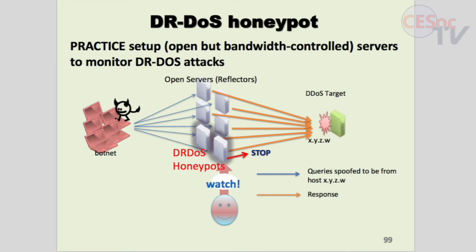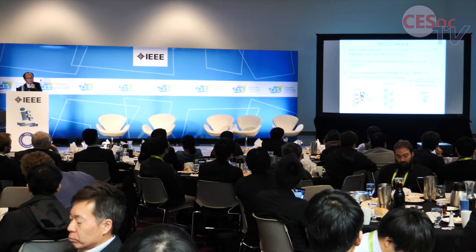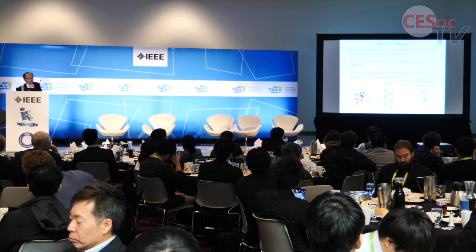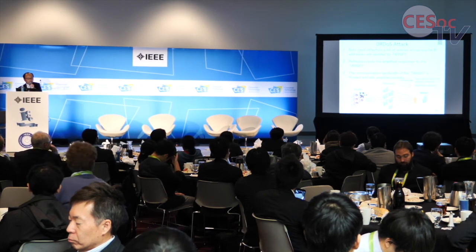The reflector replies with an amplified response to the target, and the communication bandwidth of the target is flooded with the amplified attack. Just like a botnet sending many queries to the reflector, and the reflector sends back the amplified response to the target, which is DDoS.